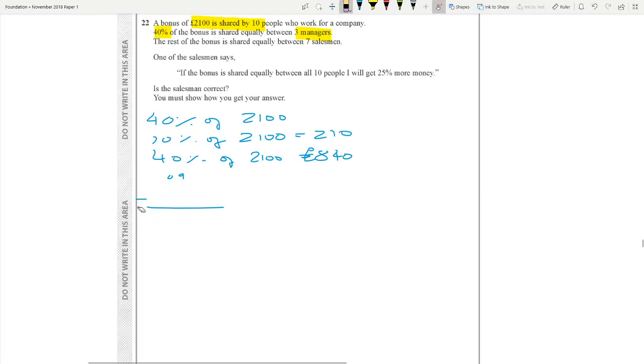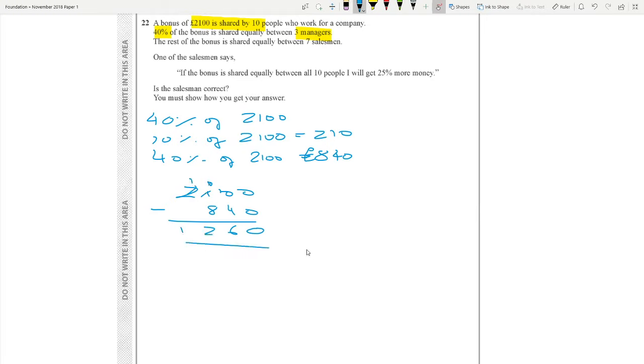Look at this again. We've got 2,100 take away 840. 0, carry from here, 0, 1 here, 6, carry from here, 1, 10, that's 2. 1,260.